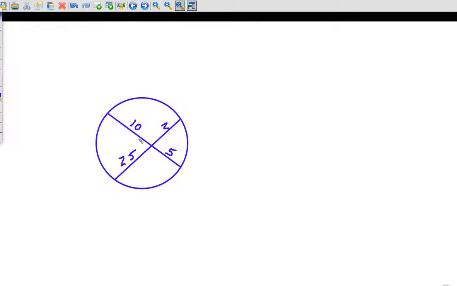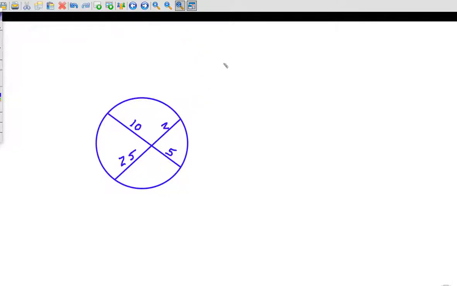If we were doing this as an investigation in class, I would have you measure these segments to see that this is 10, this is 5, this is 25, and this is 2, and then ask you to look for a relationship between this pair of chords within this circle.